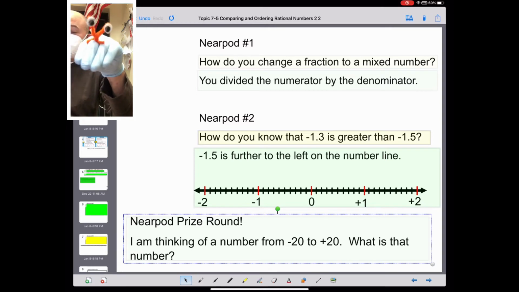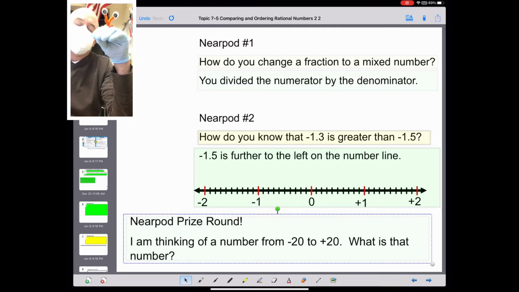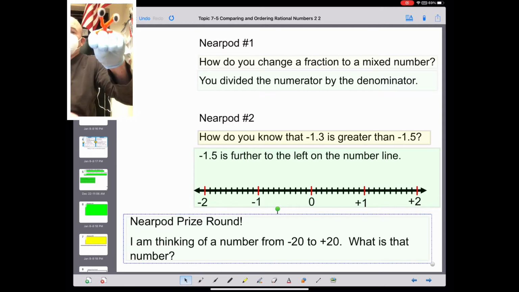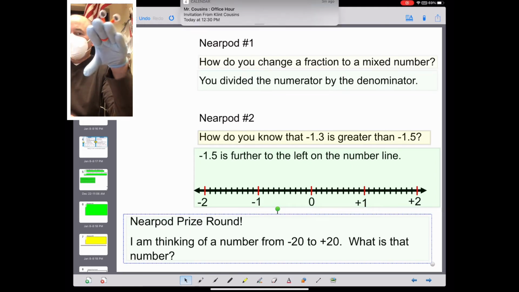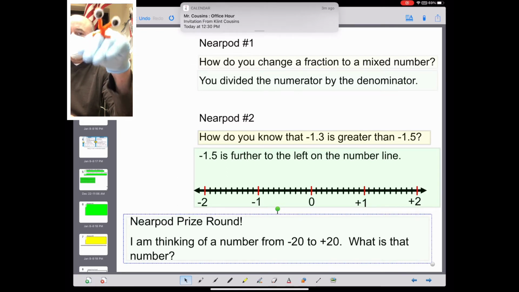A Nearpod prize round. Okay, kids, last time we played the little mind thinking game. Glovey, don't do the mind thinking game. No. This is for everybody, okay? Kids, I am thinking of a number from negative 20 to positive 20. What is that number? Concentrate on what I'm thinking. Okay, Mr. Troll, why don't you pause the video and let them answer? Concentrate. All right.